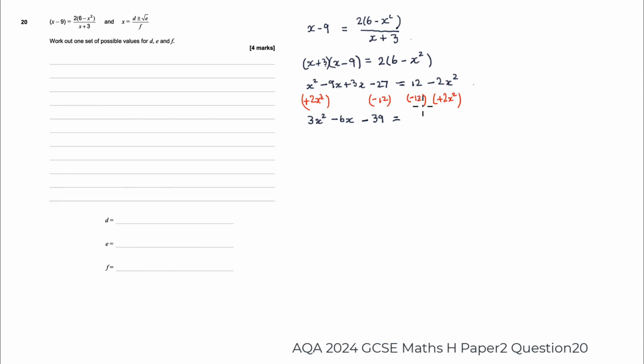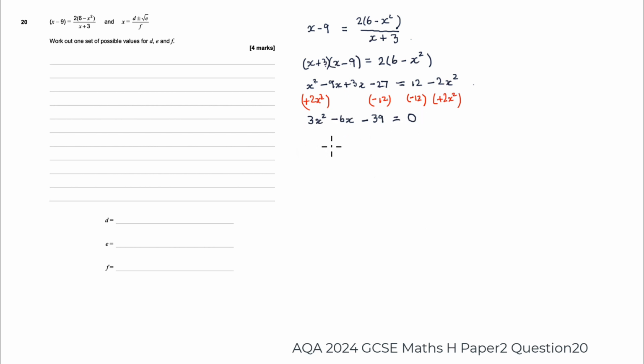That disappears, 12 minus 12, and negative 2x squared plus 2x squared, that disappears also. So we've now got it in the normal quadratic equation form. But notice on the left hand side, there's a factor of 3 in each of these 3 terms. I'm going to divide both sides now by 3.